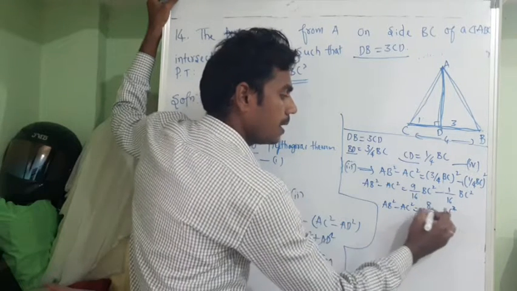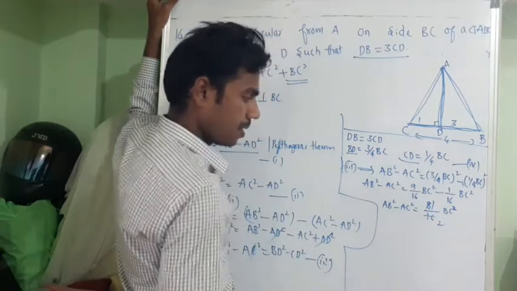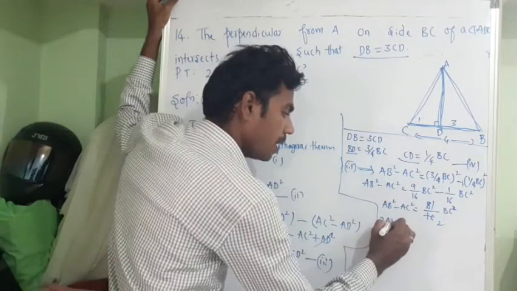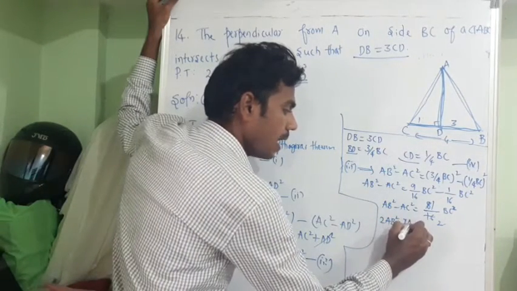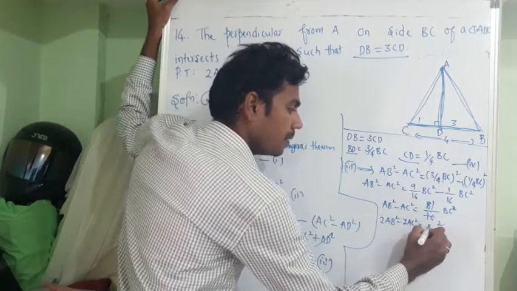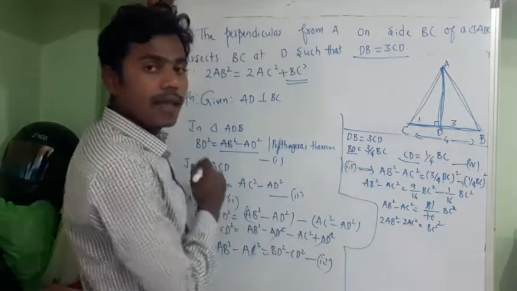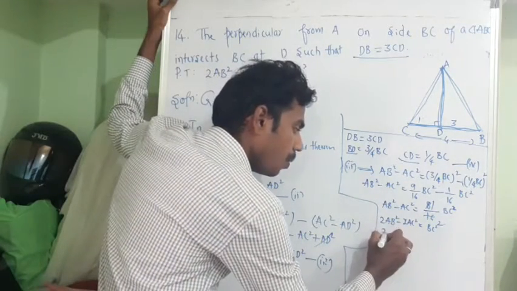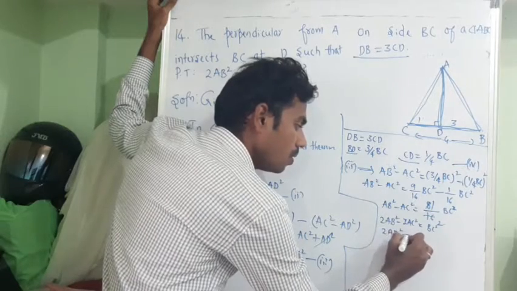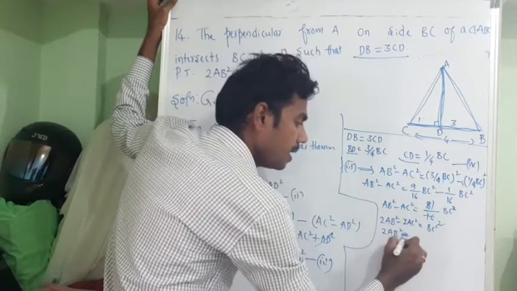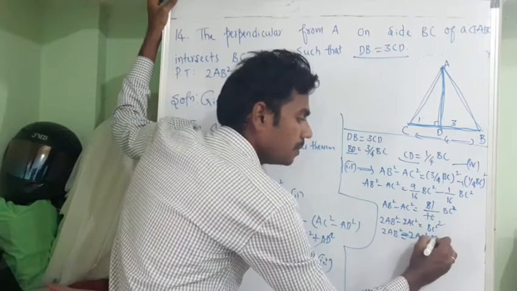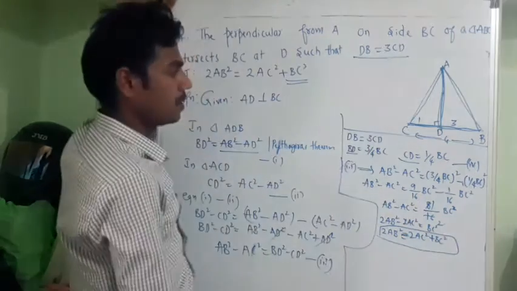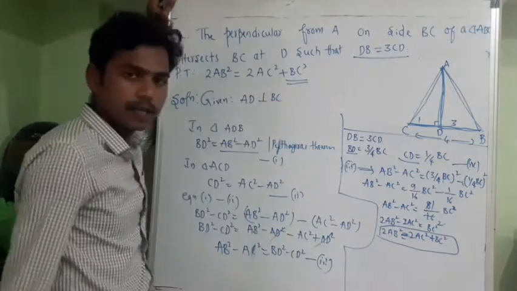I will transfer this to the left hand side: 2AB square minus 2AC square is equal to BC square. Or else 2AB square is equal to 2AC square plus BC square, which I needed to prove.